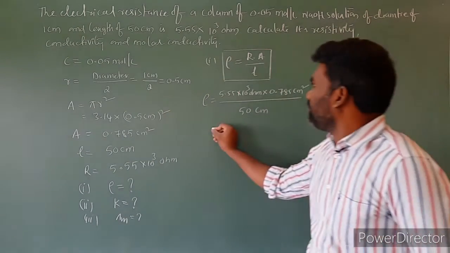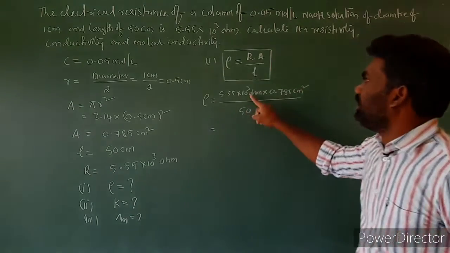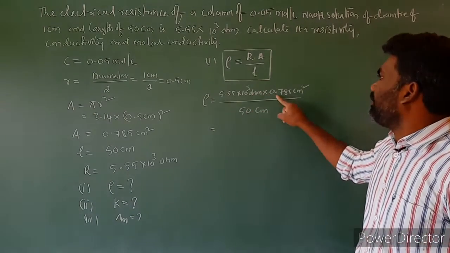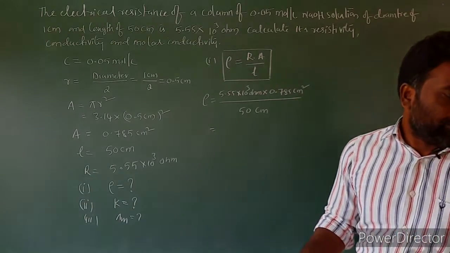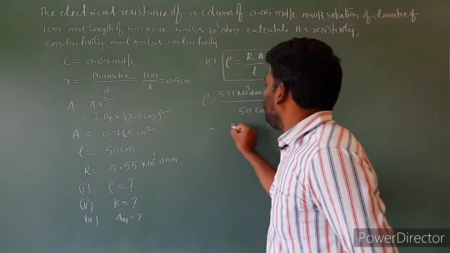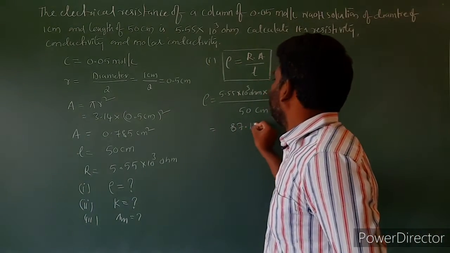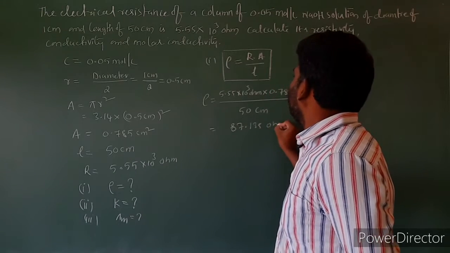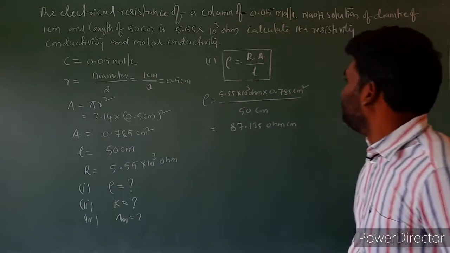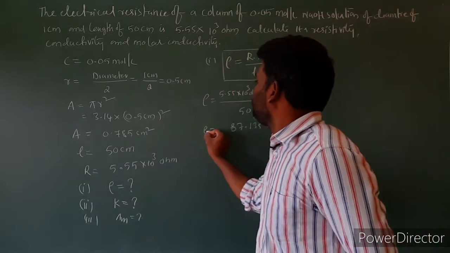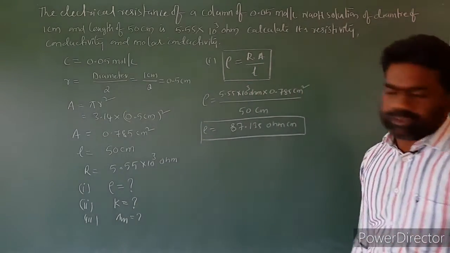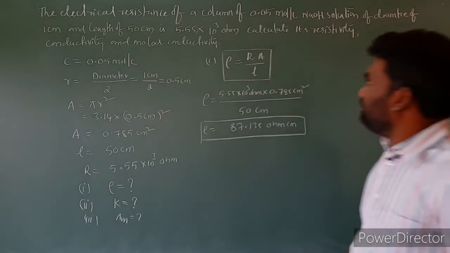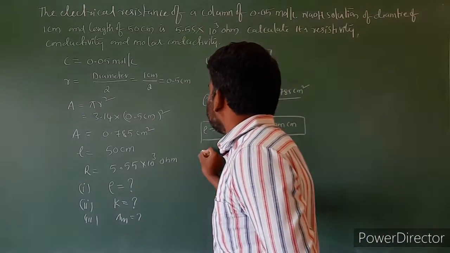Upon simplification of 5.55 into 10 power 3 into 0.785 by 50, you will get 87.135 ohm centimeter. So this is the first question's answer.